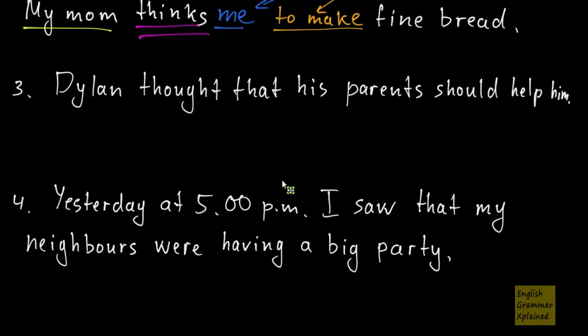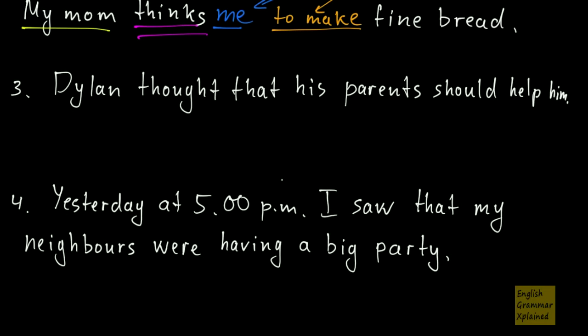Dylan thought that his parents should help him. That's my subject, thought. That's my main verb. That is my linker. It will drop out. And then I have another subject. And wait a bit, what is it? This is the modal verb should and then infinitive. So, what is this thing? What can I do with it?